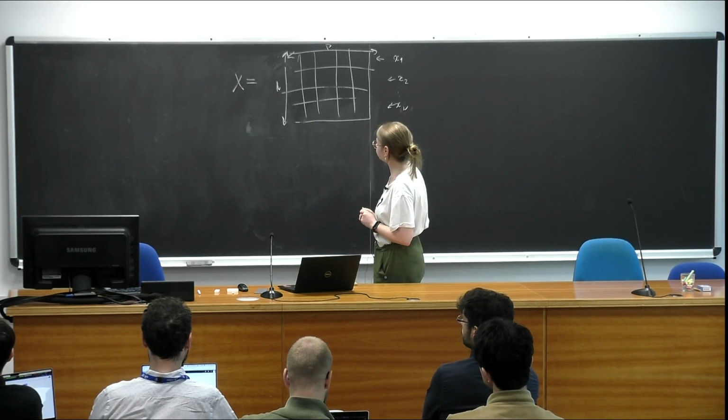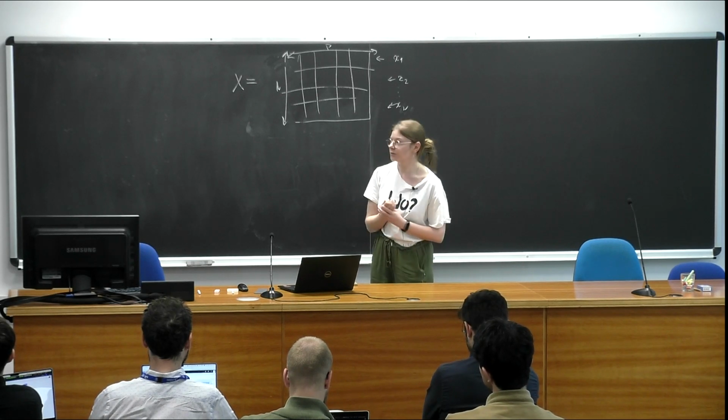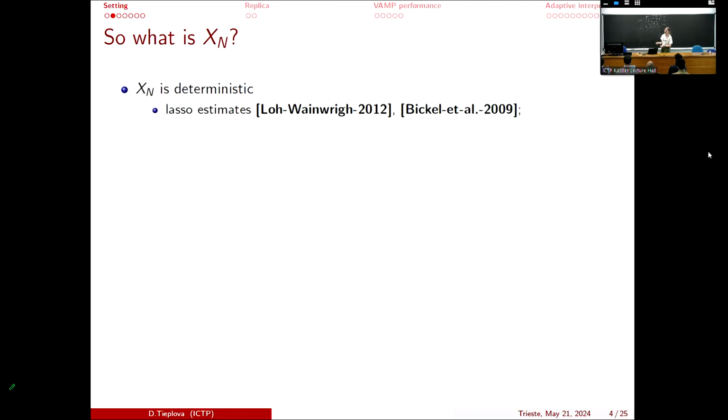What can it be? It can be many things, because as I said, linear regression is one of the basic statistical problems, and so it was studied in every possible way with all possible design matrices Xn. In the beginning, one can assume that the design matrix Xn is just a deterministic matrix, and even for this case, some Lasso estimates were proved.